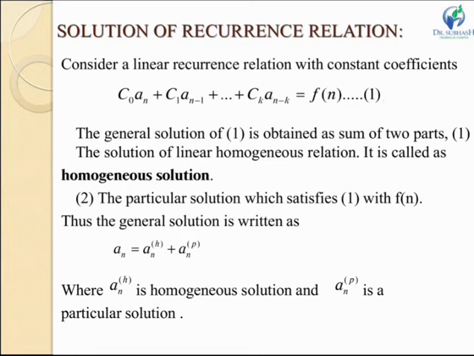Now, as we have discussed the first equation, equation 1, I am writing it over here. We will find the solution of this equation. The general solution of equation 1 is obtained as a sum of two parts. The first is the solution of the linear homogeneous relation, called the homogeneous solution.